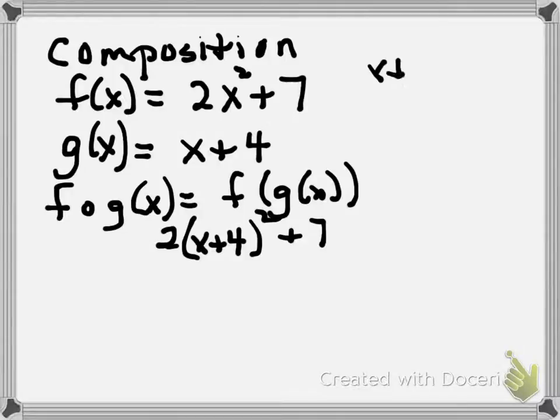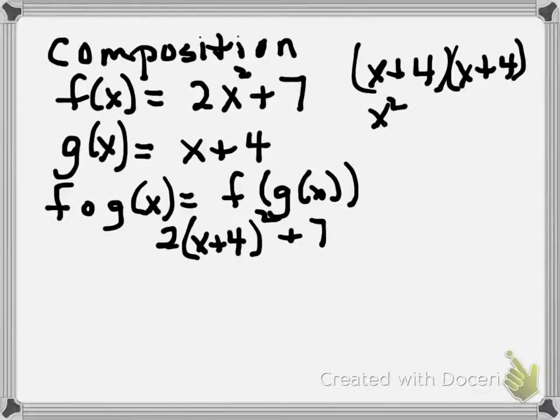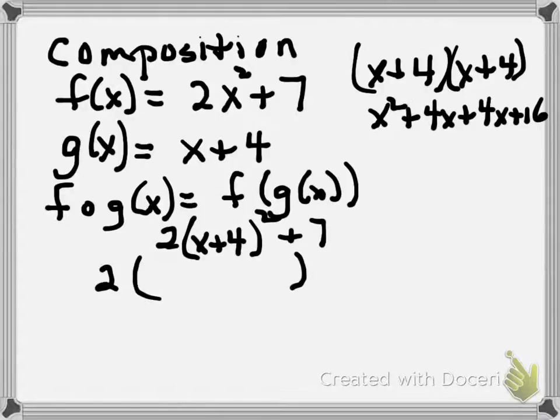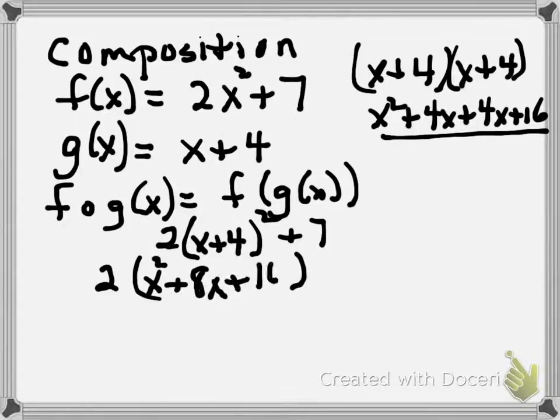X plus 4 times x plus 4 is a binomial squared. X times x is x squared. The outside is 4x, the inside is 4x, and the last term is 16. So I have 2, then in parentheses, simplifying, x squared plus 8x plus 16, plus 7.